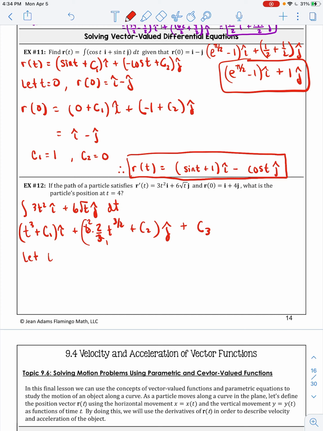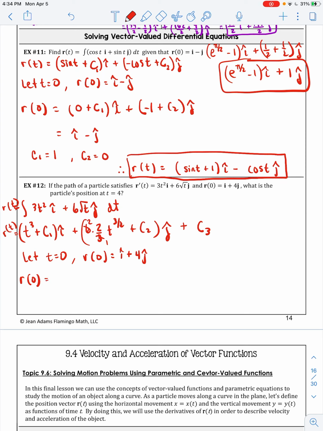So if we say let t equal 0 and r of 0 equal i plus 4j, r of 0, because this was our r of t, right? I didn't write it, but I should have. So this is our r of t.